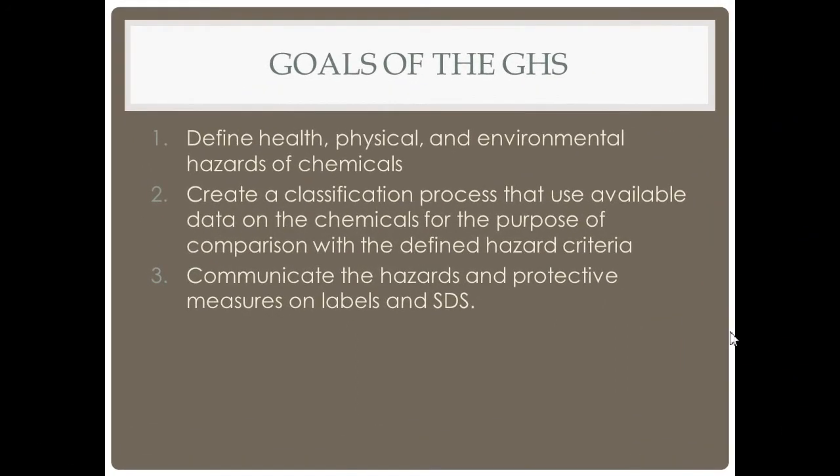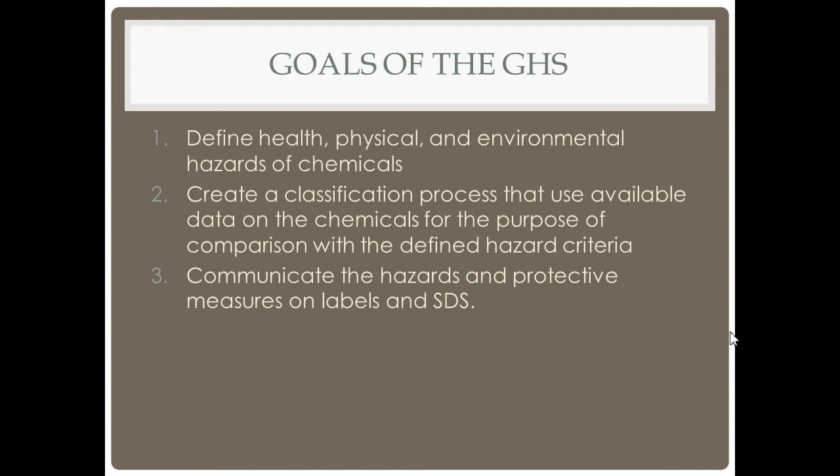In the GHS, it's going to define health hazards, what they are. It's going to define physical and environmental hazards of chemicals. It'll create a classification process that uses available data for the chemicals that are currently out there, for the purpose of comparison with the defined hazard criteria.